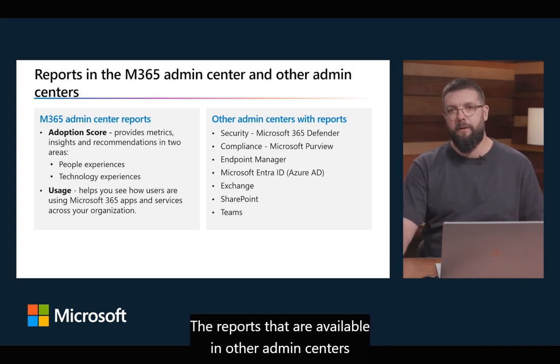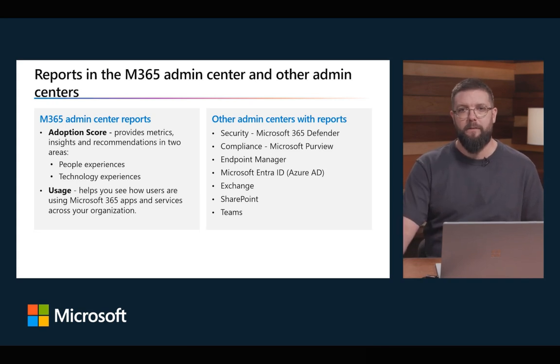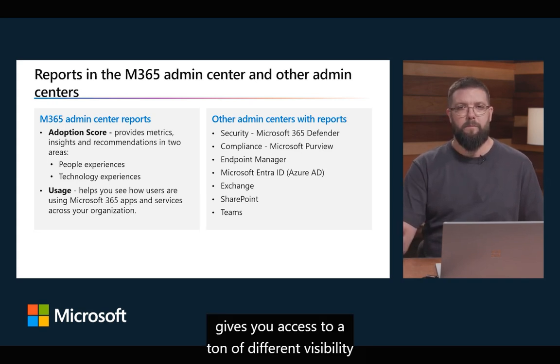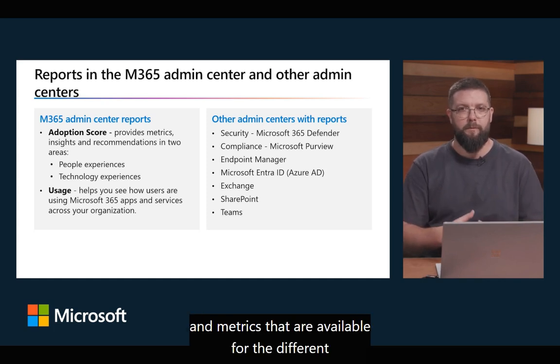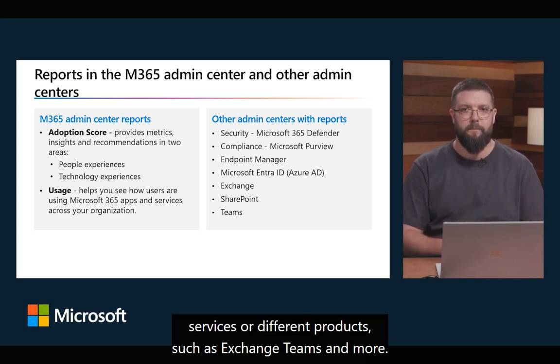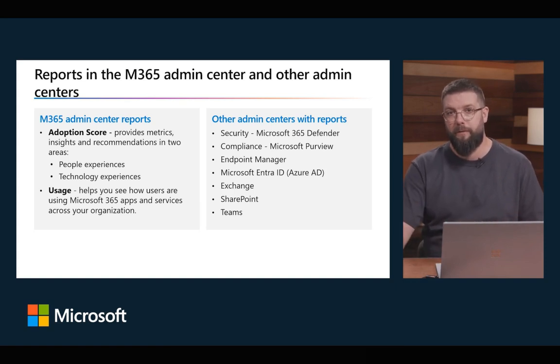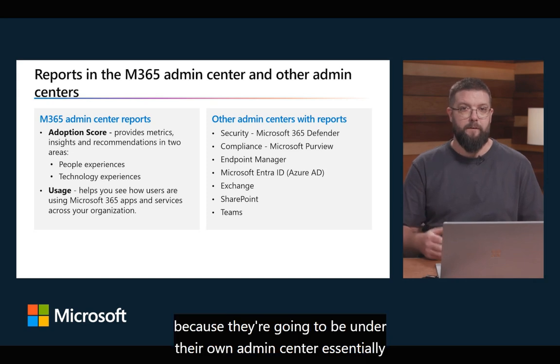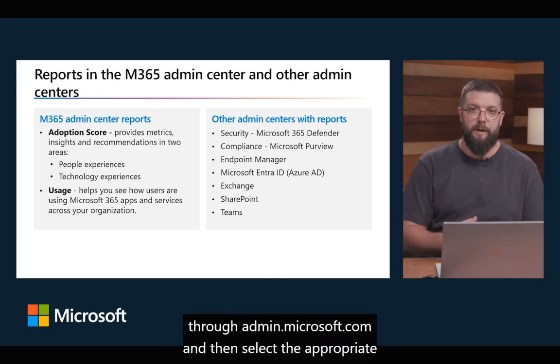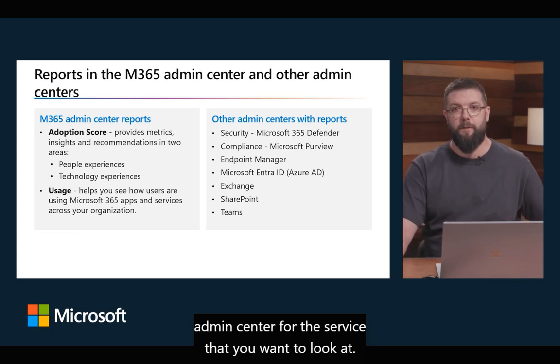So the reports that are available in other admin centers give you access to a ton of different visibility and metrics that are available for the different services or different products, such as Exchange, Teams, and more. So you can access those admin centers because they're going to be under their own admin center essentially through admin.microsoft.com, and then select the appropriate admin center for the service that you want to look at.